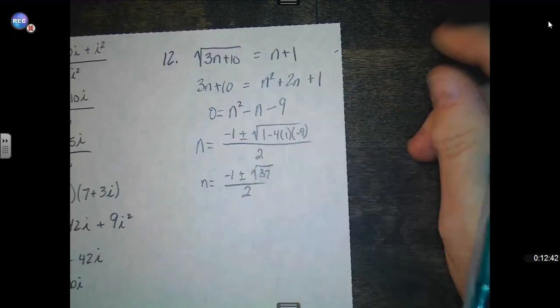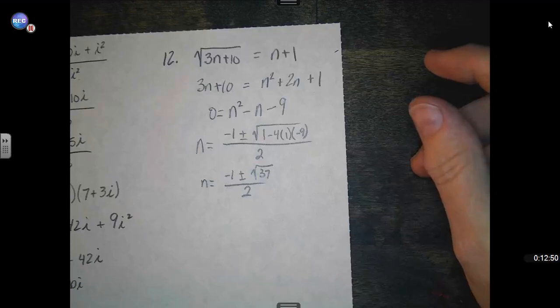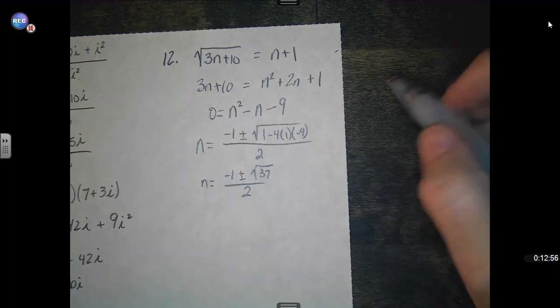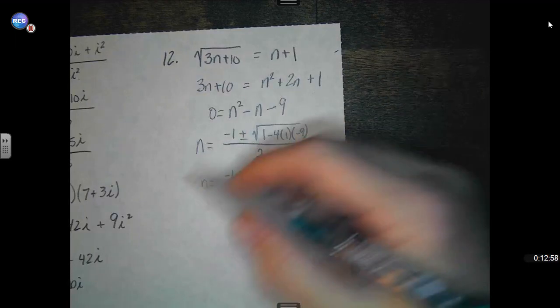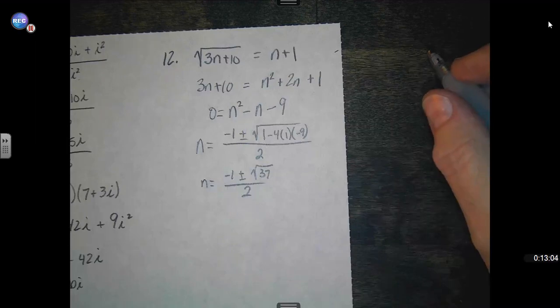And then I would have to do some extensive calculator work to figure out which one of those works, because only one of them is going to work probably, and it's probably going to be the plus one, because remember that when we square both sides or we multiply through by a variable, we produce an extraneous root, and we have to figure out which one of those is extraneous and get rid of it.